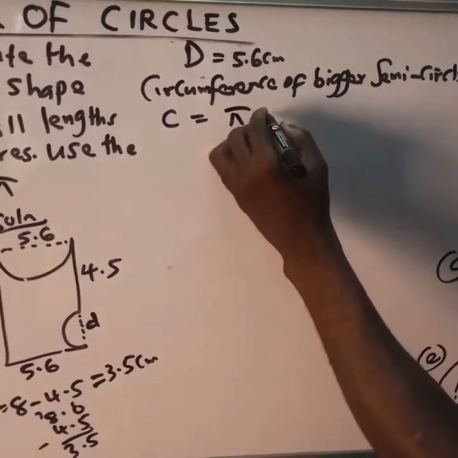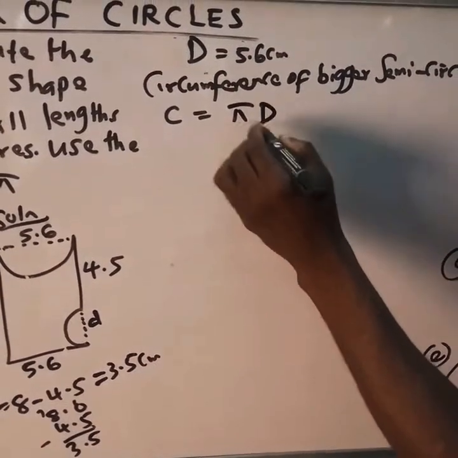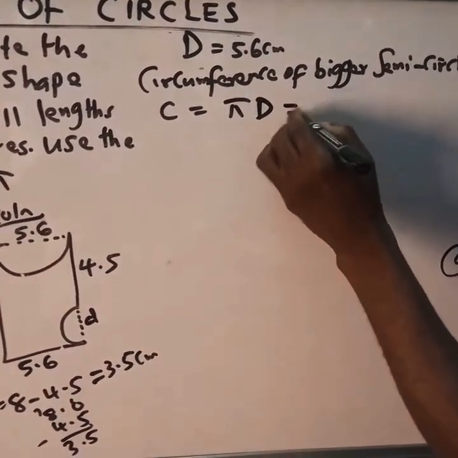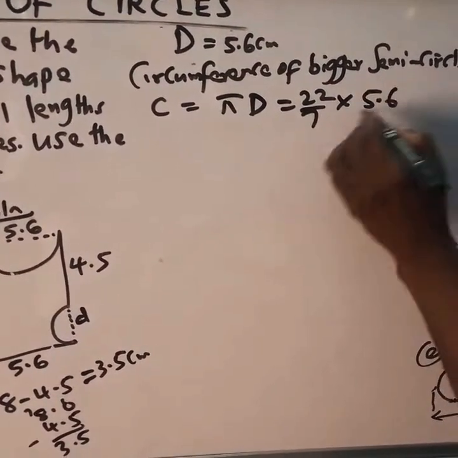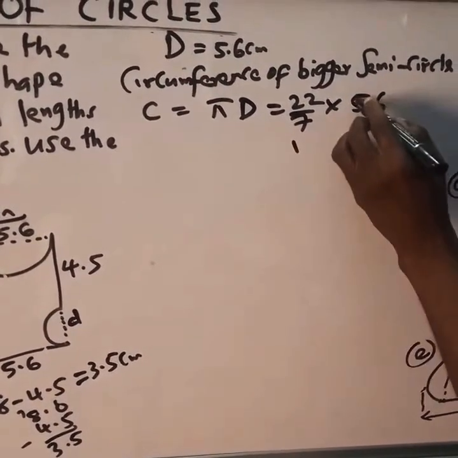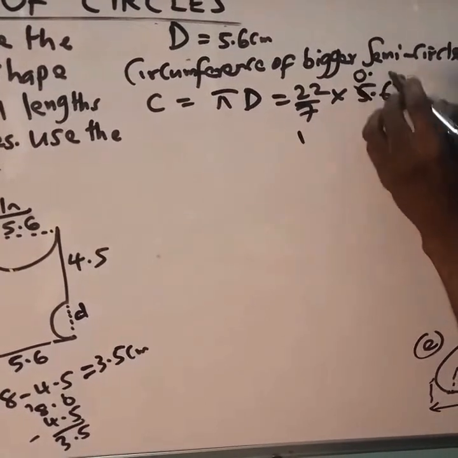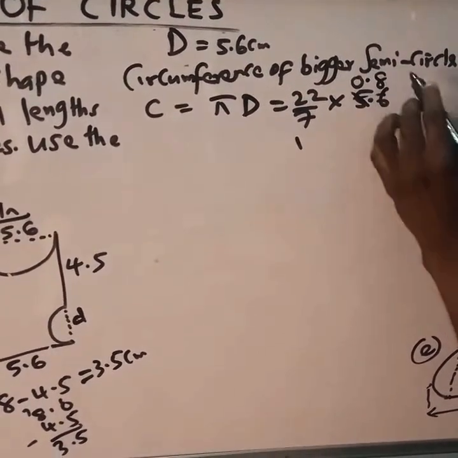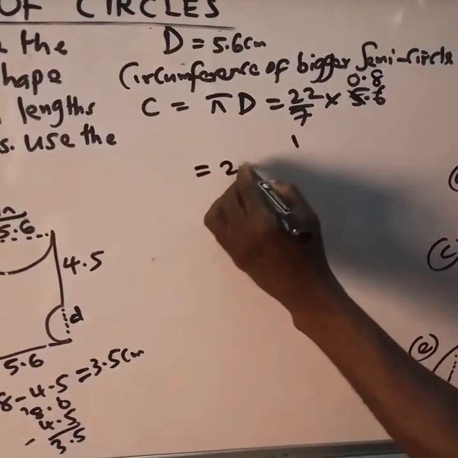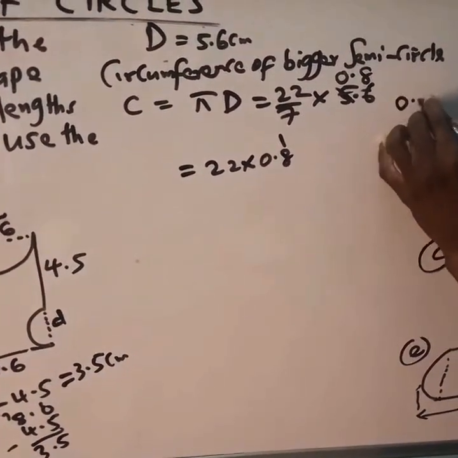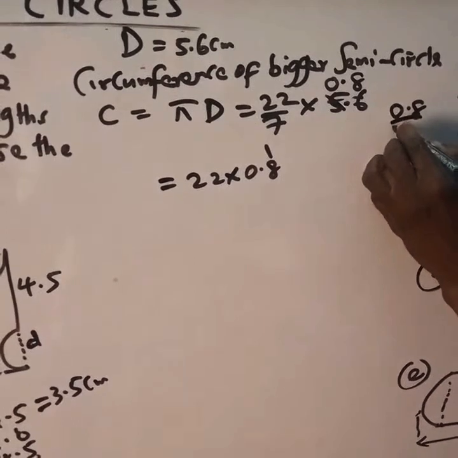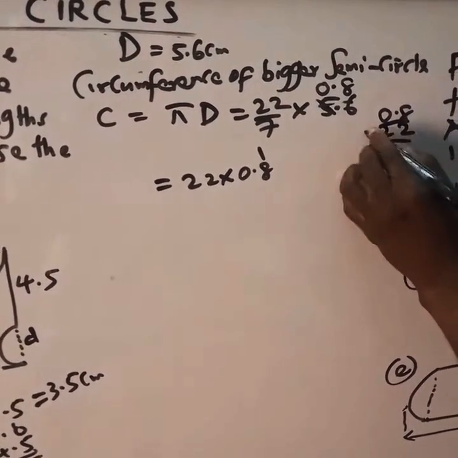The pi given to us is 22/7, and the diameter is 5.6. 7 in 7 1, 7 in 5 0, 7 in 56 8. So we have 22 times 0.8.